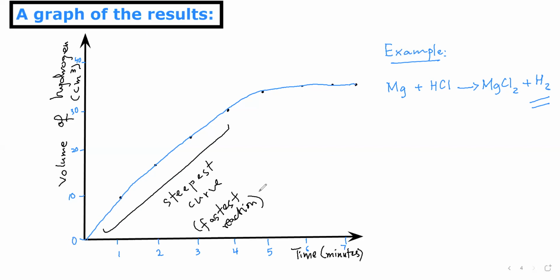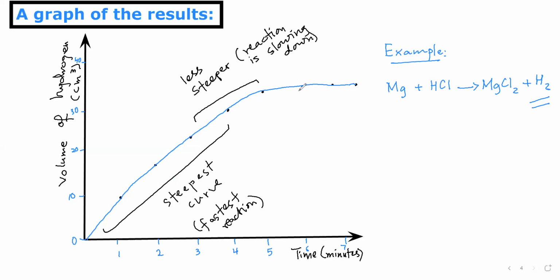Then, as time passes, it becomes less steep. Less steep means the reaction is slowing down. This is what we have to explain about graphs in the exam as well.